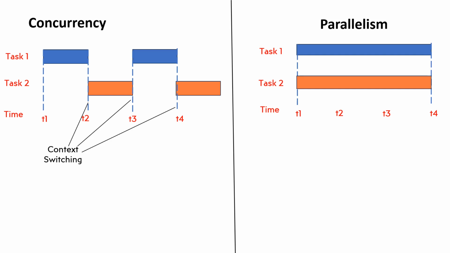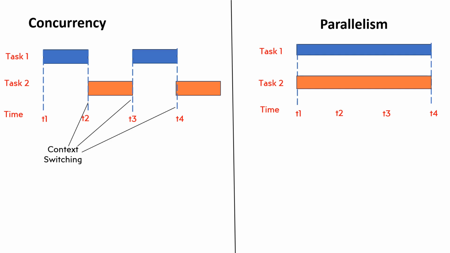Suppose we have a machine which has just one core, but there are two tasks it wants to execute. Here we have task one in the blue color and task two in the orange color, right?